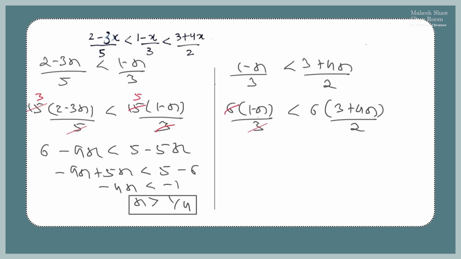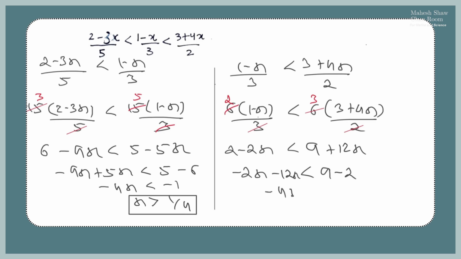This is 3 one times and this is 3 two times. 2 one times and 2 three times. So this is 2 multiplied by (1 minus x), 2 minus 2x, and this is 9 plus 4 into 3 is 12, 12x. So finally we can write this as negative 2x, negative 12x less than 9 minus 2.